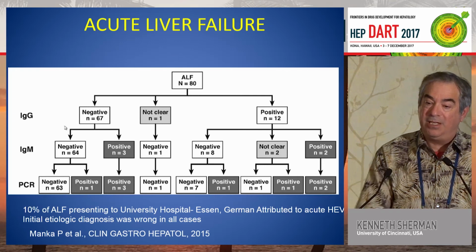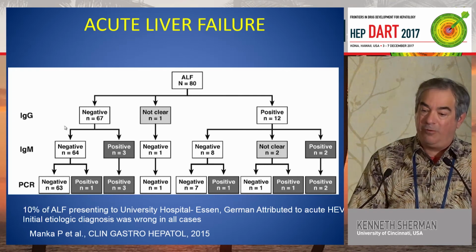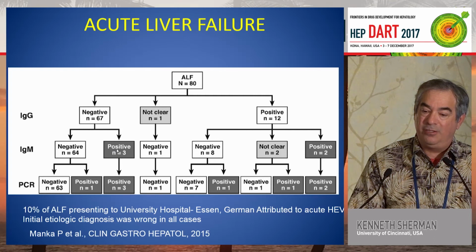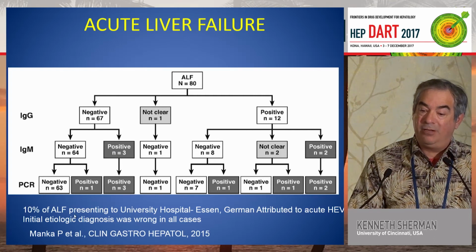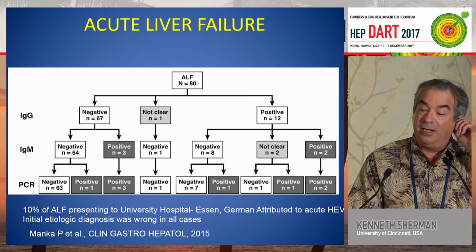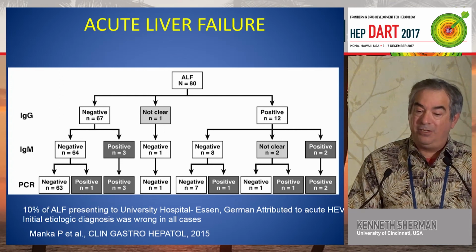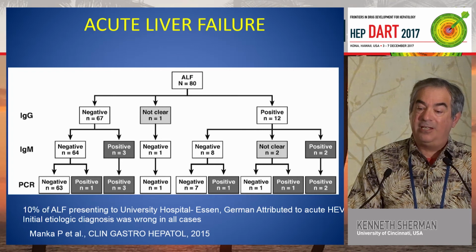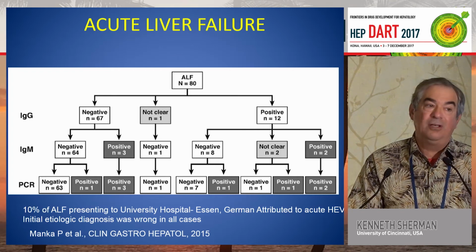These are patients presenting de novo with acute liver failure. This study in Germany, 10% of acute liver failure presenting to University Hospital in Essen were ultimately attributed to acute HEV. However, the initial etiologic diagnosis was wrong in all cases.